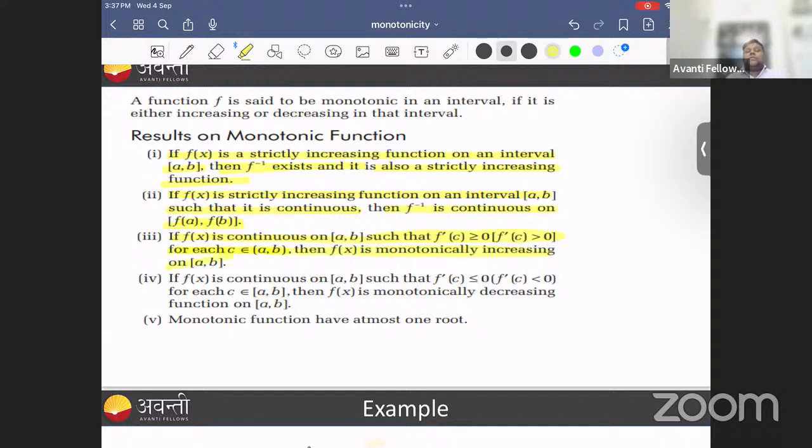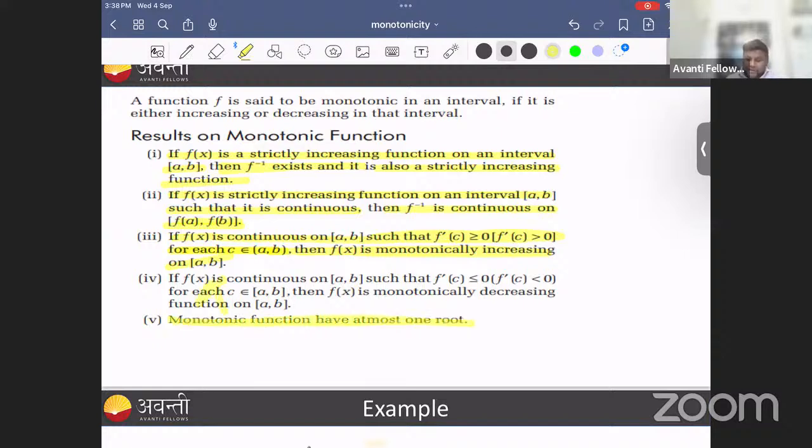This is what they are trying to say. If f dash c is also 0 at a point, but f dash c is not 0 over any interval, the function will still be increasing at that point. This is not a worthy point.